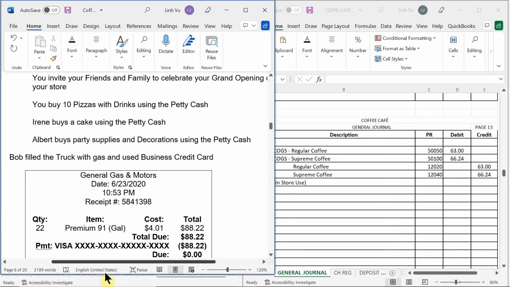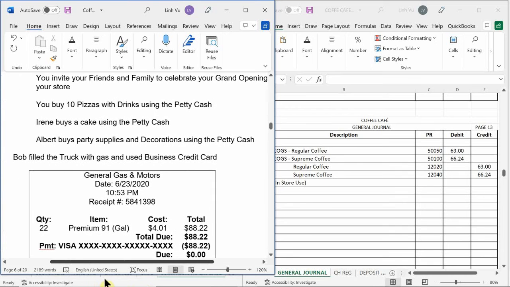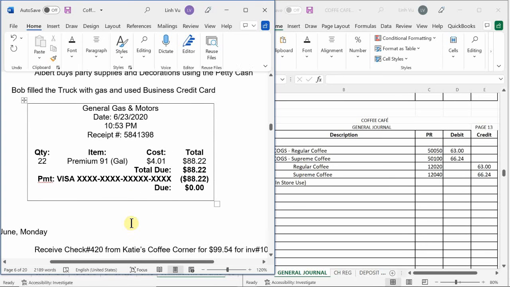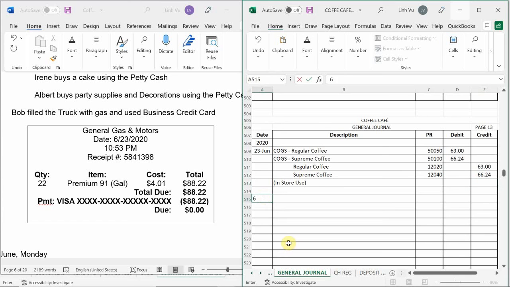Bob fills up the truck with gas and uses the business credit card. So in this case, at the end of the night, he went over and bought some gas. Okay? So how do I journalize this transaction now? So it would be accounts payable. Not accounts payable, because Bob used his business credit card.